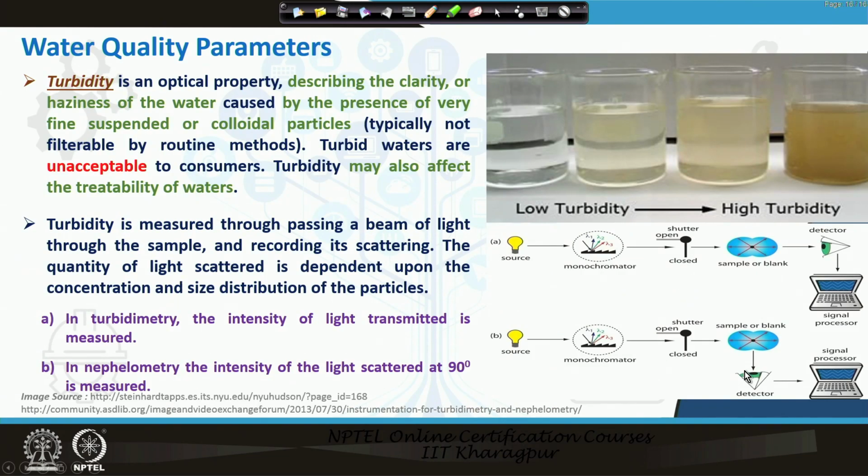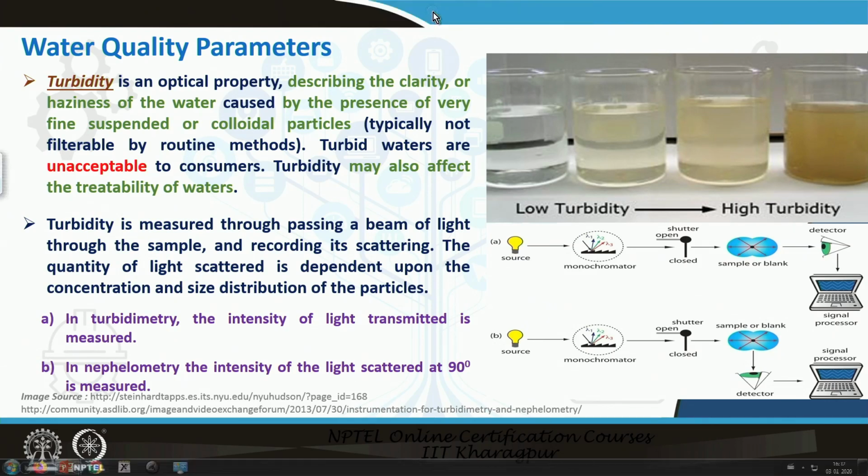Now, the other parameter is turbidity. Turbidity is again an optical property. It describes the clarity or the haziness of the water. Simply, if we pass light through water, and it is clear water, light will easily pass through, but if it has a lot of suspended or colloidal materials, light will not pass, but when it strikes those particles it will get scattered.